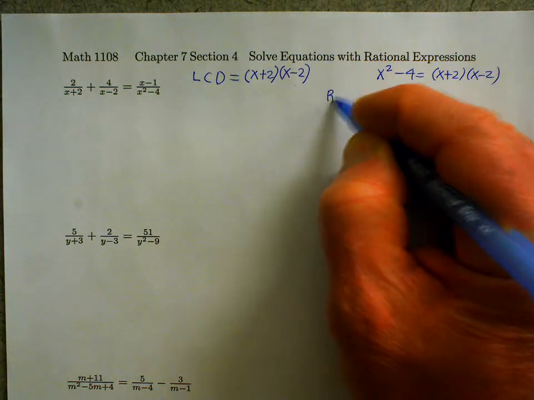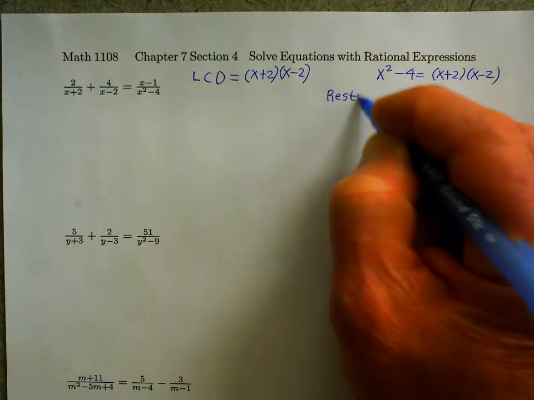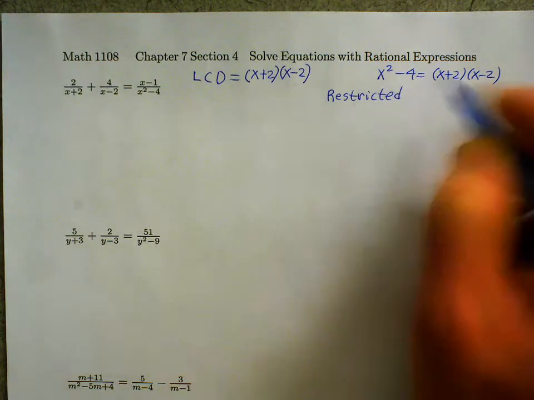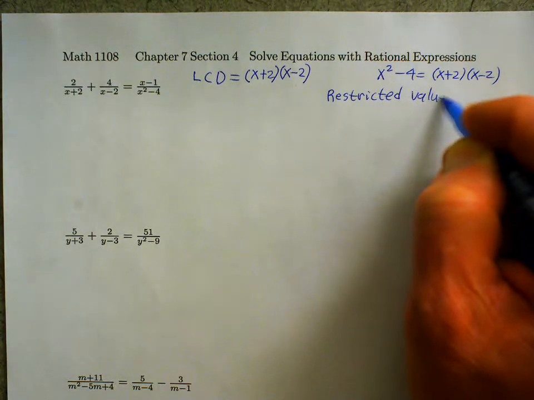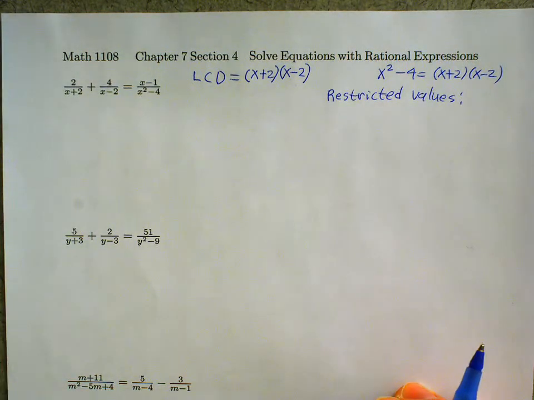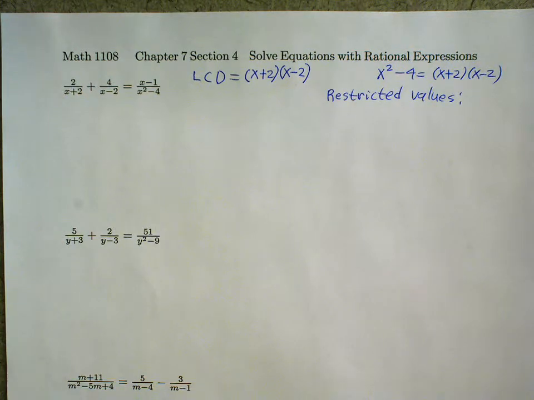Now let's find the restricted values. So what are the restricted values? What numbers are off limits in this equation?